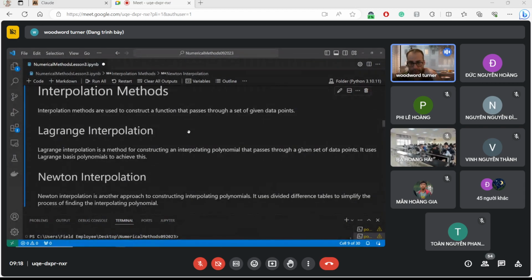So it might not be a polynomial that we're using to interpolate, but in this case, and most of the cases that we'll look at today, will be polynomial in nature. And this uses Lagrange basis polynomials to achieve this. So you're probably asking, well, what are Lagrange basis polynomials? And we'll get into that a lot deeper in a minute.